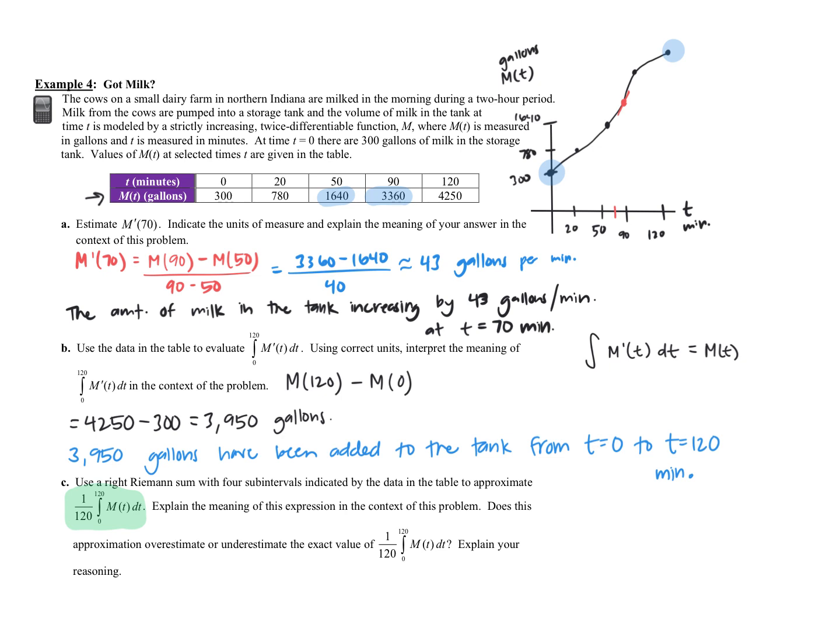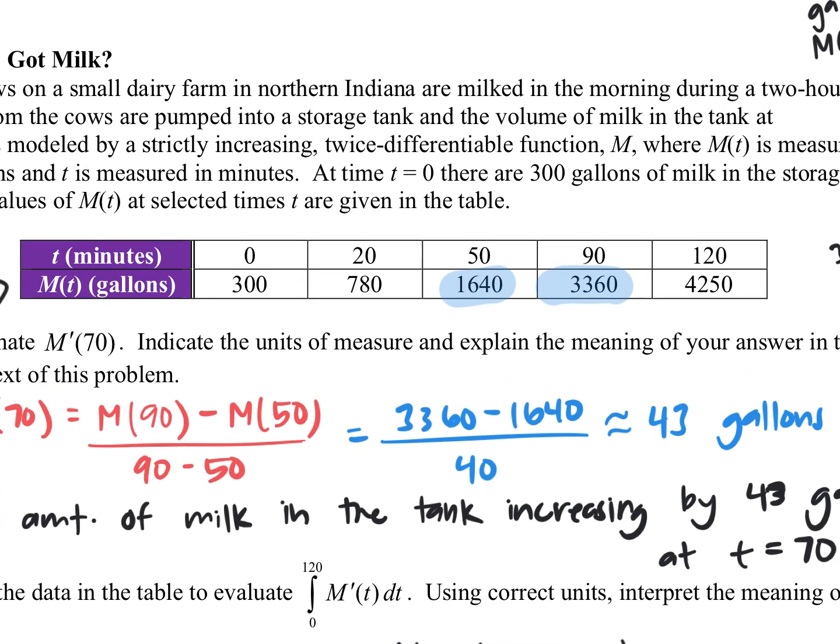So I'm going to zoom in quick up here on my table. If we're finding the right Riemann sum, I got to find the difference in my x values. So this is going to be 20, that's 30, got 40 there, and then we got 30. That's my 4 subintervals.